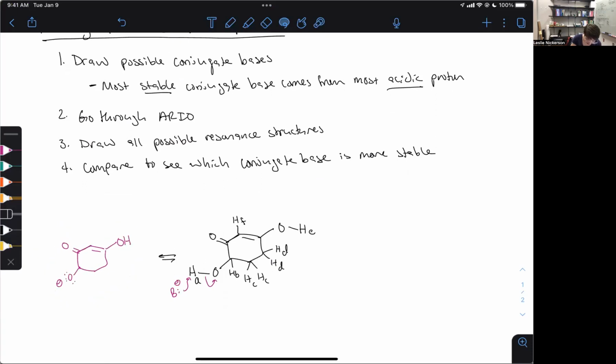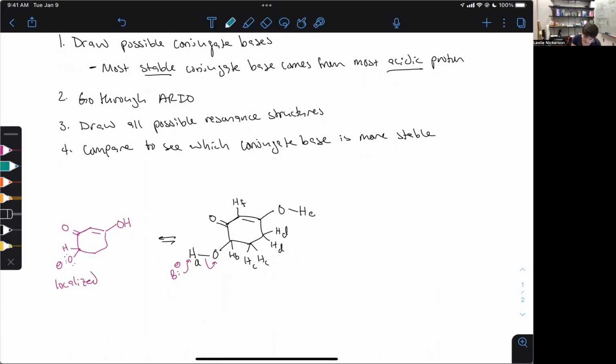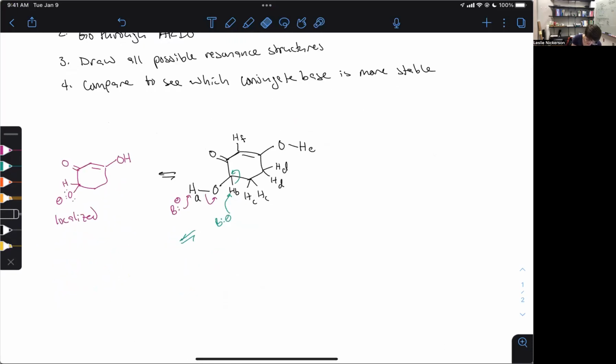I really don't, because I can't forget that I have this H right here. So I can't really go anywhere with that. It is localized. Okay, so let's go ahead and look at B. And there's really not a whole lot that you need to do when you're drawing these out.